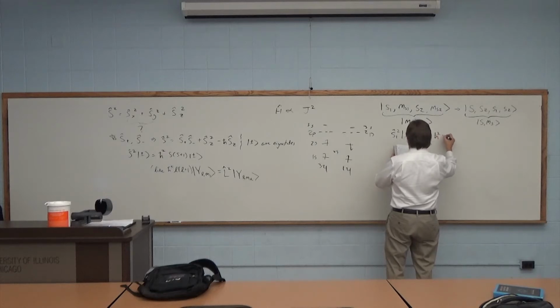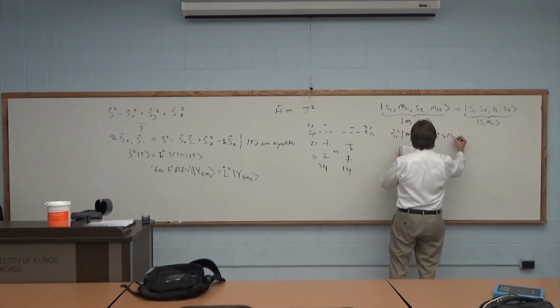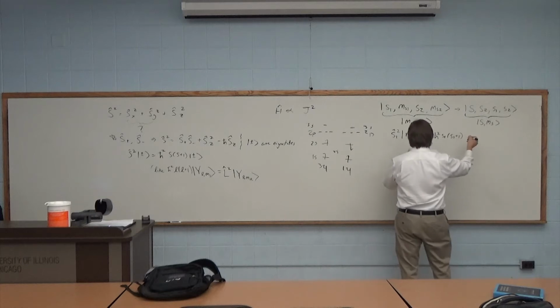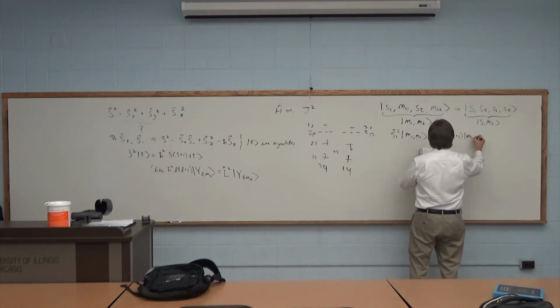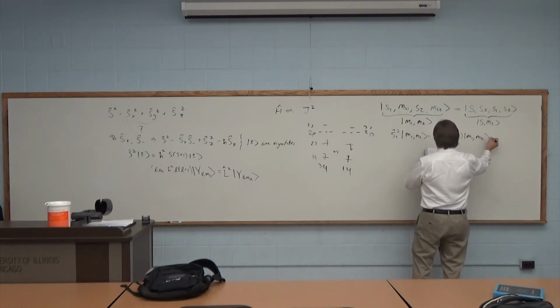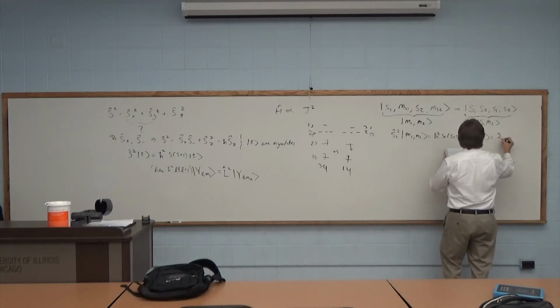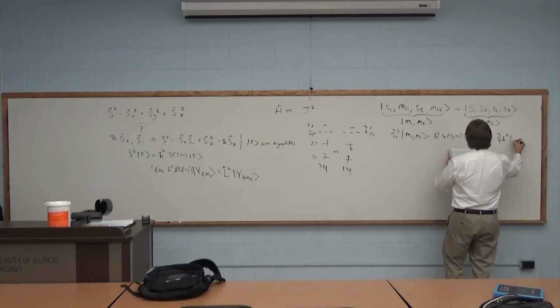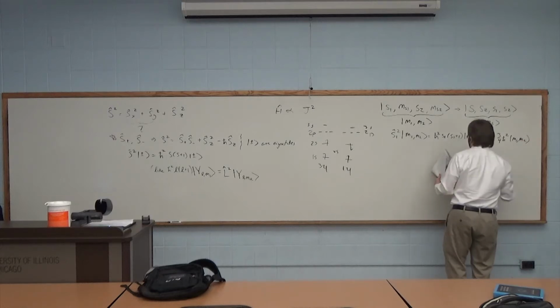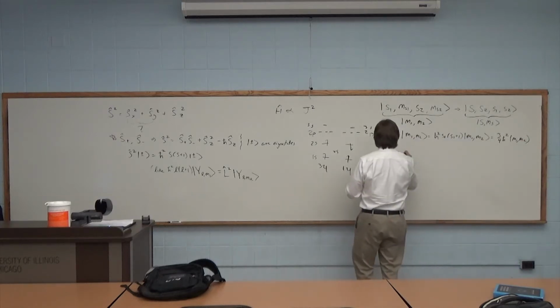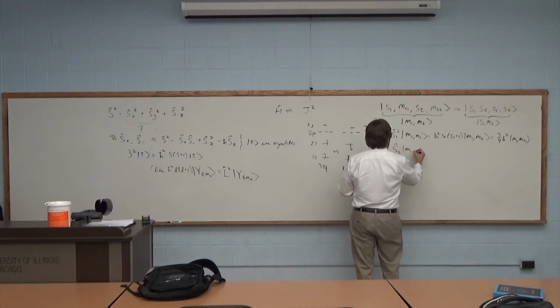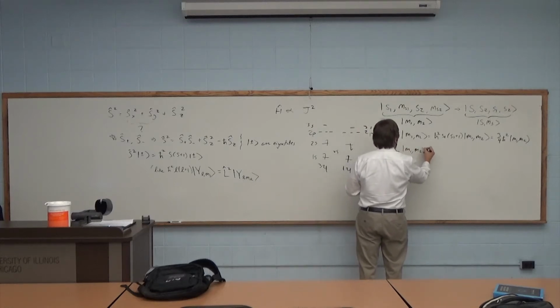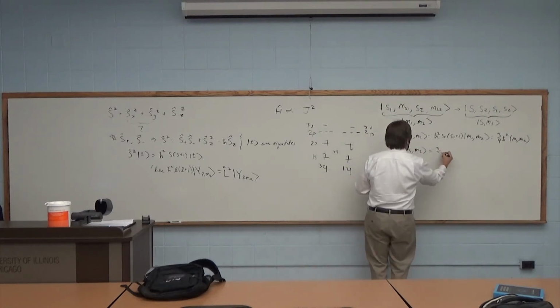Okay, so S1 squared is going to be, again, we've already talked about this. So, of course, that's 3/4 h bar squared. Likewise, S2 squared on the state is still also 3/4.